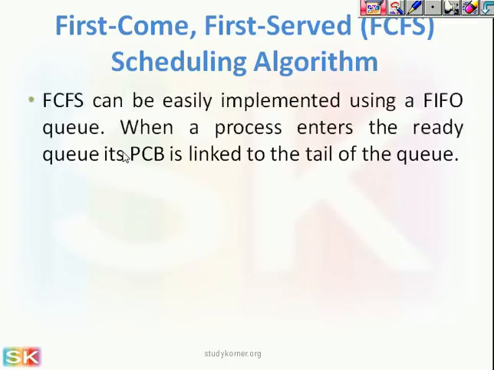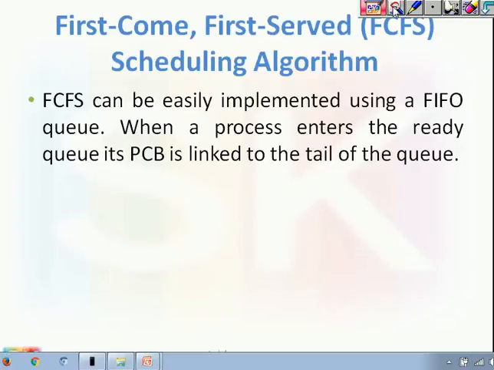So FCFS can be easily implemented using a FIFO queue. When a process enters the ready queue, its PCB is linked to the tail of the queue, right? It means, say, we have something like this.